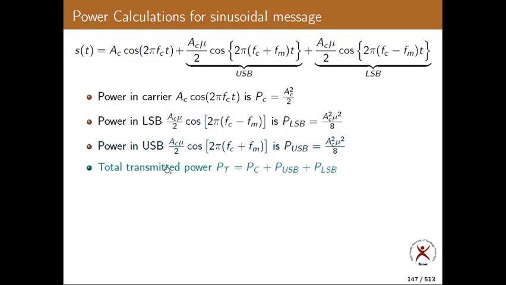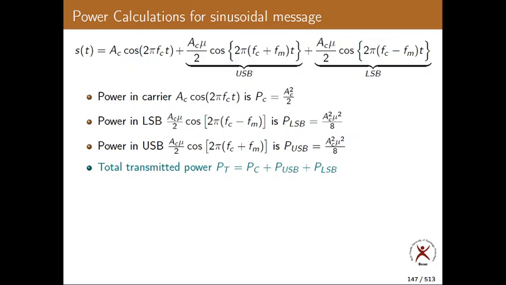Now, what is the total transmitted power? We are transmitting a carrier, correct, plus we are transmitting an upper sideband and a lower sideband. This is what we are transmitting. In the spectrum you have seen in the last class, it has three components: carrier, upper sideband and lower sideband. So the total transmitted power PT equals PC plus PUSB plus PLSB.